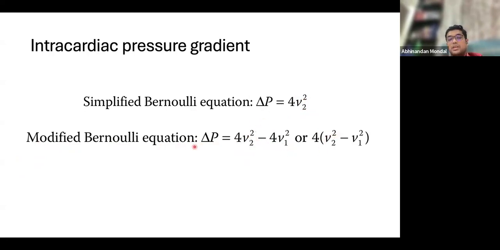Suppose you want to know the pressure gradient between your LV and the aorta, that means the aortic valve pressure gradient in an aortic stenosis patient. Whenever you put a Doppler, you will get a Vmax of your aortic valve, and you multiply 4 into the square of that velocity. That will give you the pressure gradient.